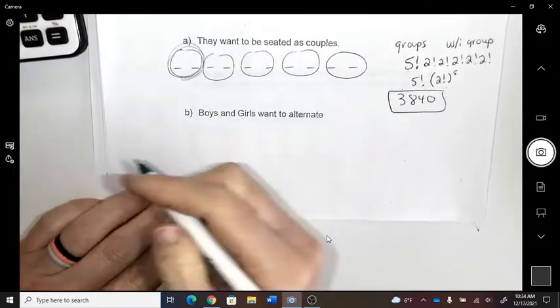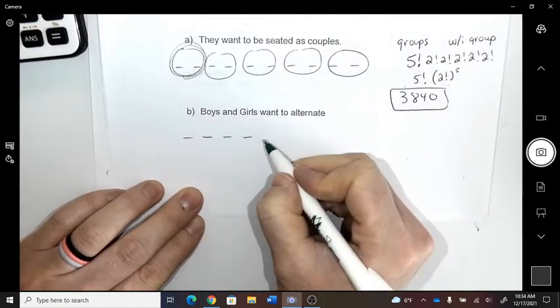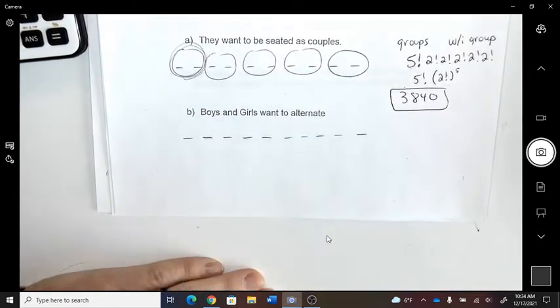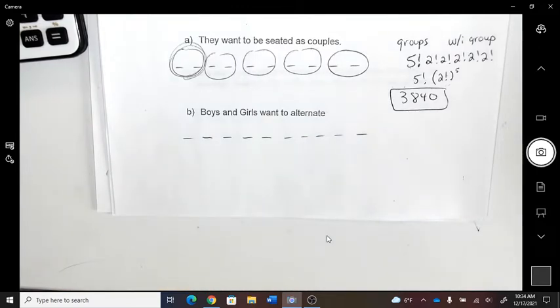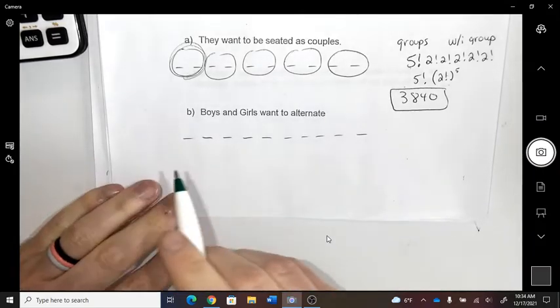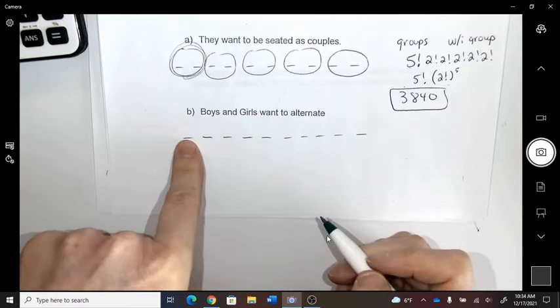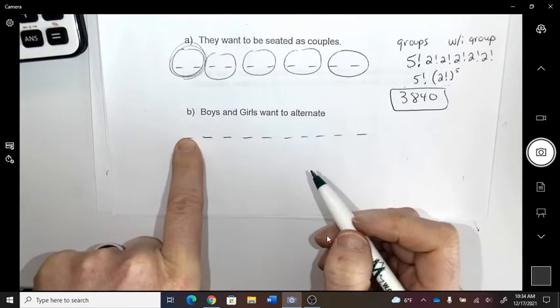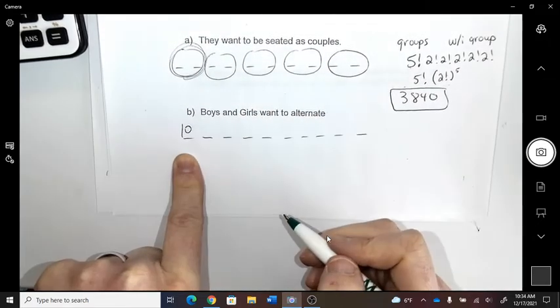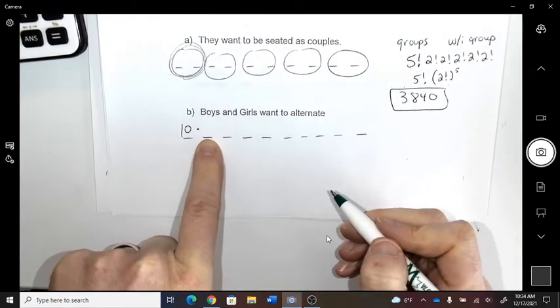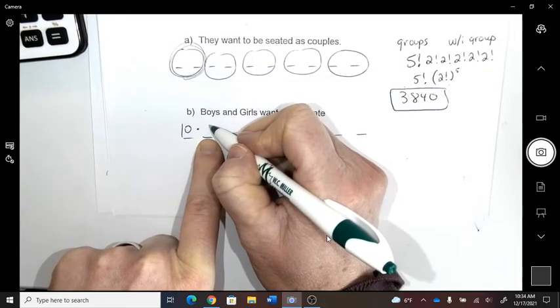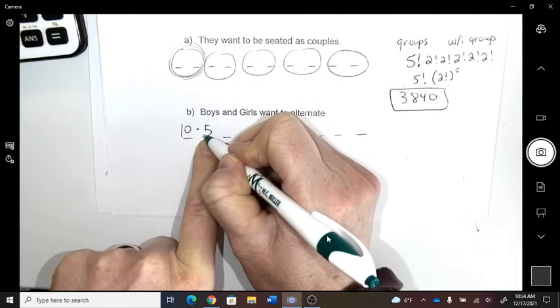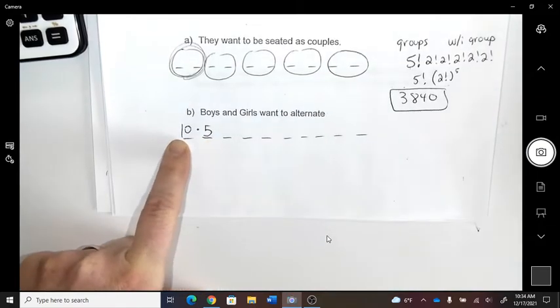Okay, boys and the girls want to alternate, so here's my 10 people. Okay, I'm going to put somebody into the first position. So, how many options do I have on my first blank? I have 10. I could put anybody there. Now, on the second option, I only have 5 because pretend I put a boy there.